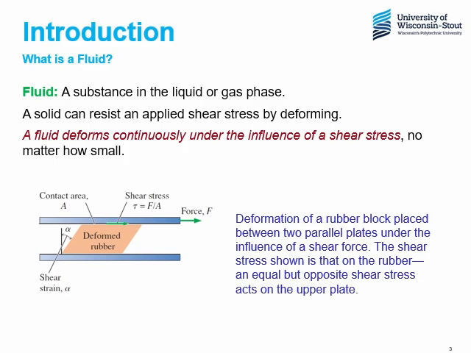It is continuously deformed under any shear force. No matter how small, it cannot resist shear. It flows. So this is water flow in a pipe and air flow around an airplane wing. The distinction is fundamental to everything we do in fluid mechanics.